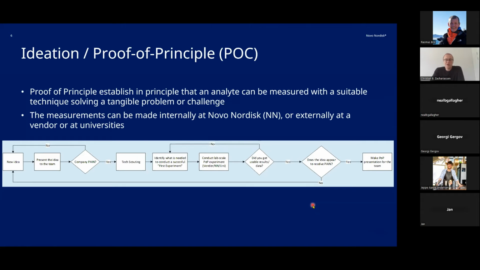When you go to conferences, you often meet vendors that say, we can measure this and that very smartly, so just send us 20 samples that have problems to you, and we will measure it and give you a solution to all of your problems. And that can be a good way to try out new ideas and concepts.